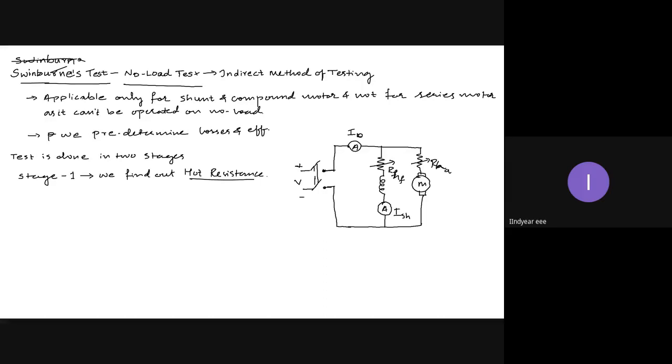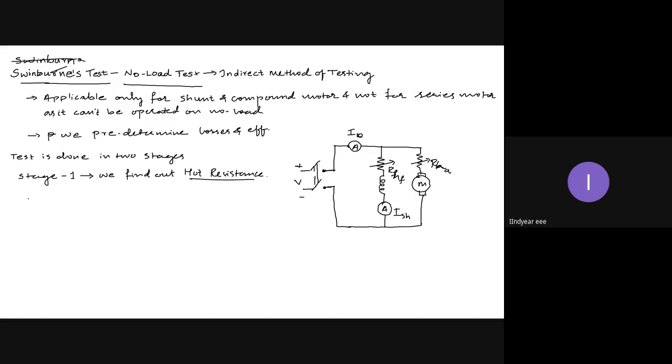So whenever we want to find the resistance of the winding, no connections to the winding are to be made. We have to take the isolated winding resistance. If that is taken in cold state, that is when the motor is not running, because when I remove all the connections of the motor, obviously the motor will not run. So that is the cold state. So in stage one, I will find hot resistance.